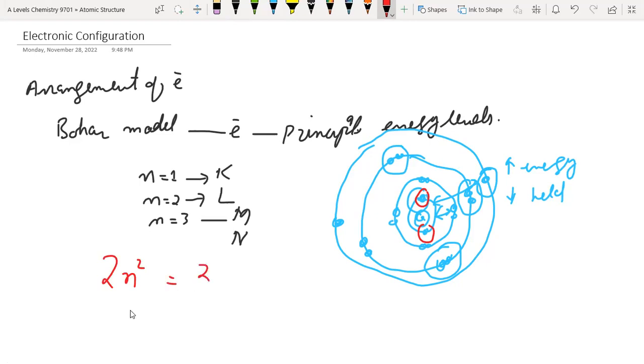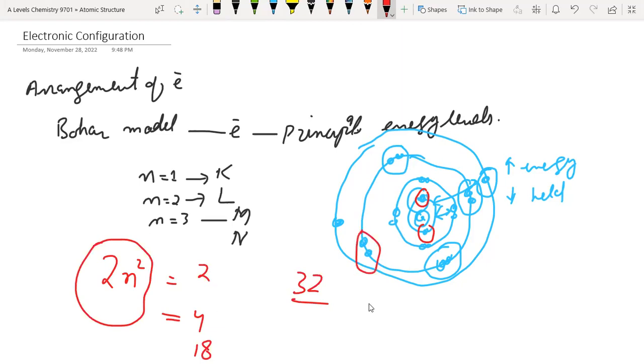If n is equal to 2, it means it will be 8. If n is equal to 3, 9 2s are 18. If n is equal to 4, then 32. Put the value of n in this formula and the number of electrons would come out for any orbit, any principal energy level.